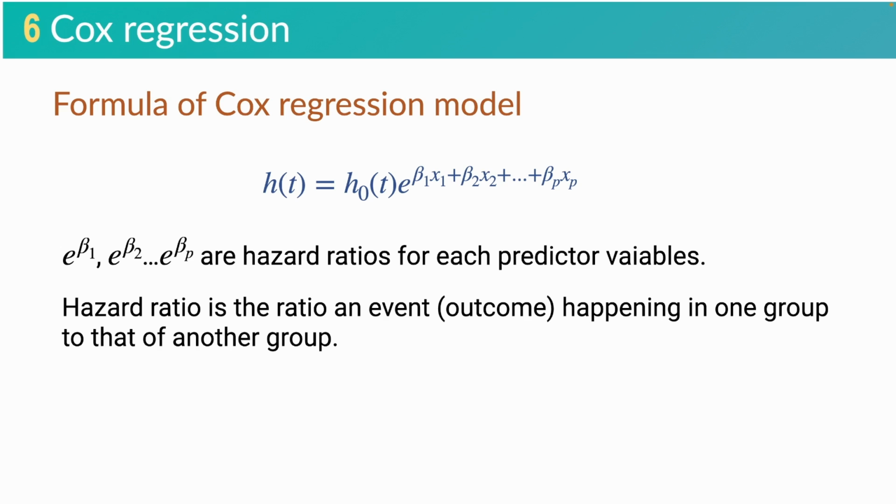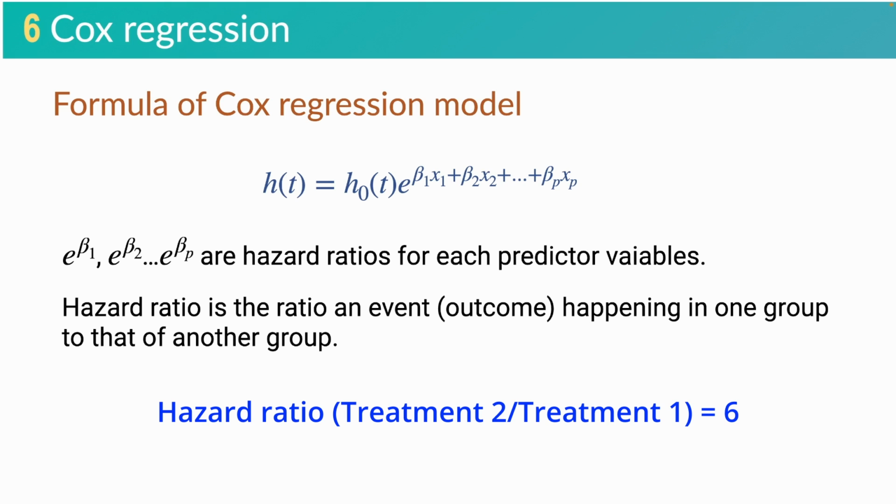Or hazard ratio of death from a group of patients treated by method 2 to patients treated by method 1 is 6, means the chances of a patient dying is 6 times higher if he is treated by treatment 2 compared to a patient treated by treatment 1.